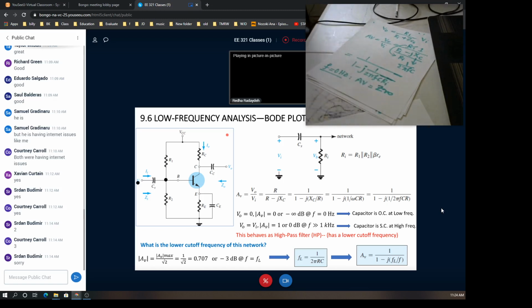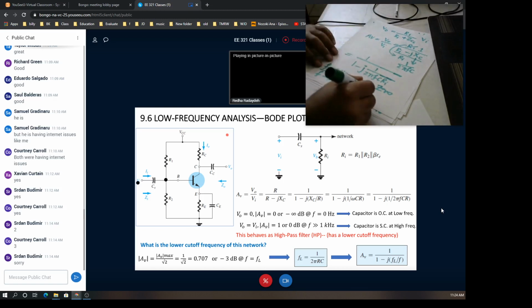So there is no output voltage when the frequency is 0 Hertz. Now on the other hand, when the frequency goes to infinity, very, very large frequency, what will happen to the voltage gain here? We have f very large, 1 by f is very small, 1 minus j times a very small number is almost 1. So we'll have 1 divided by 1.